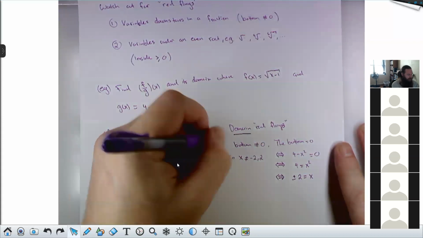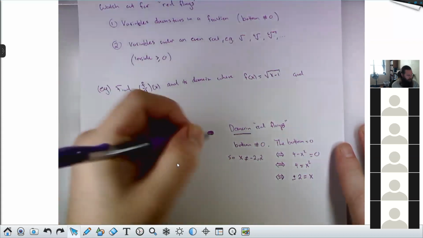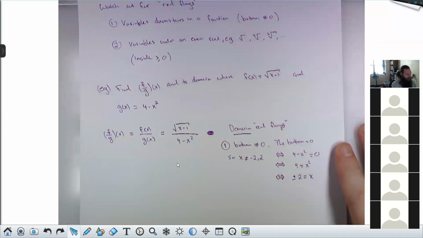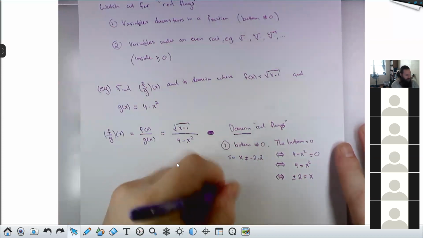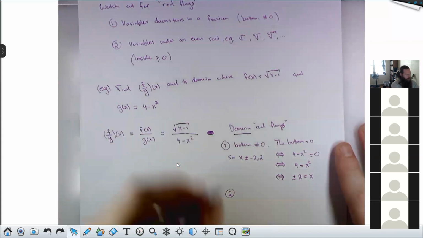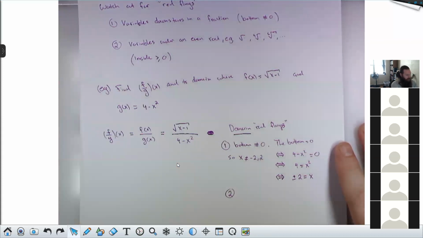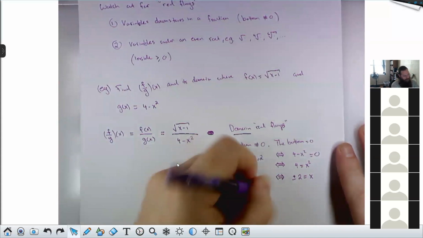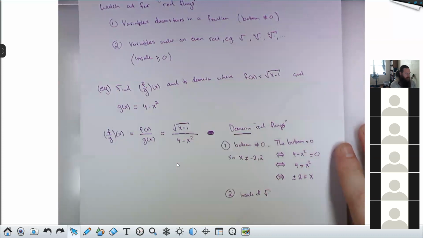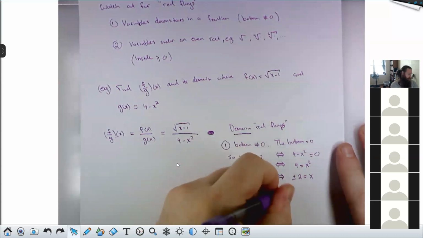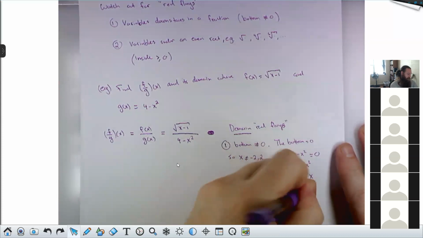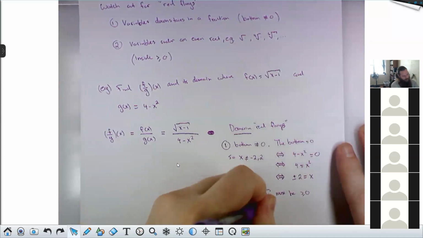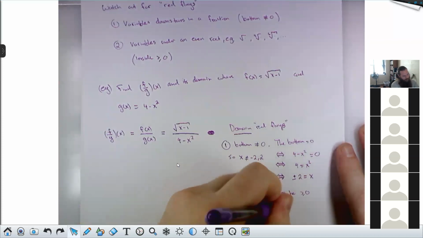In addition to that, right, so this is 1. In addition to that, I know the inside of the square root has to be greater than or equal to 0.